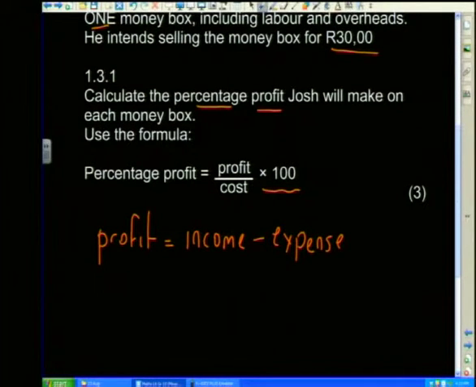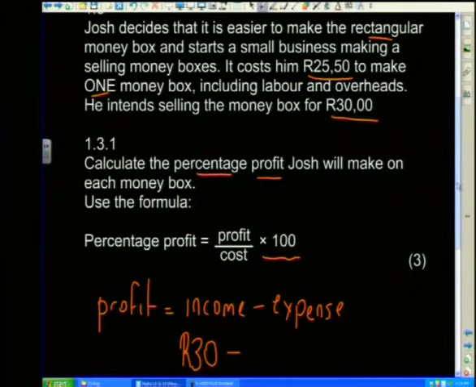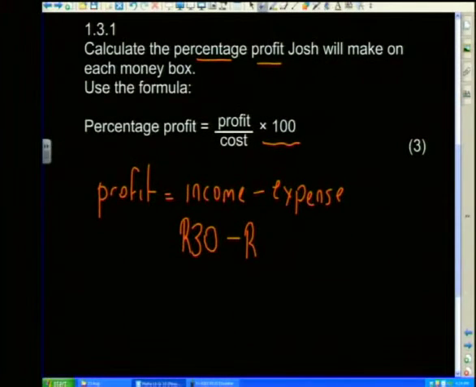So let's work out, he sold the money box for 30 Rand, that was his income, and he made the money boxes for 25 Rand 50. So that is what his profit was. So we can do this calculation and we'll see that it is, I think, 4 Rand 50 is what he makes per money box.